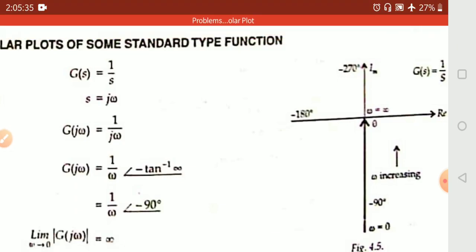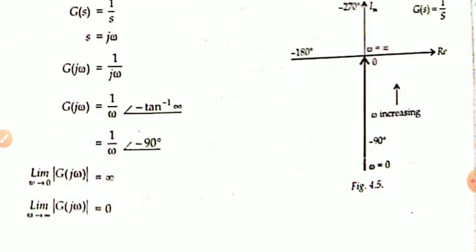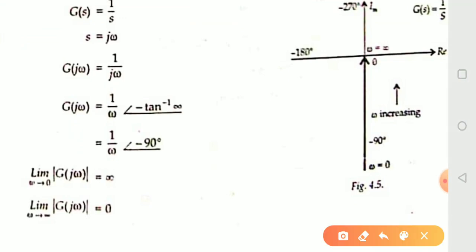When omega is 0, our magnitude is infinite, and the angle is the same for both cases, minus 90 degree.